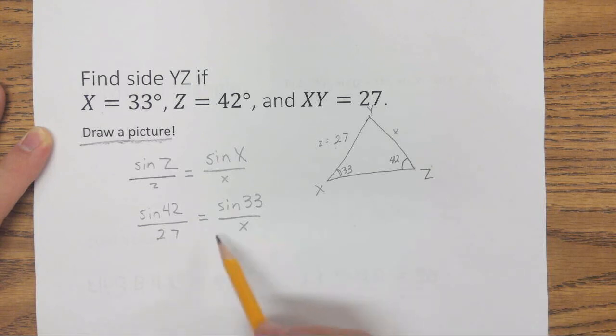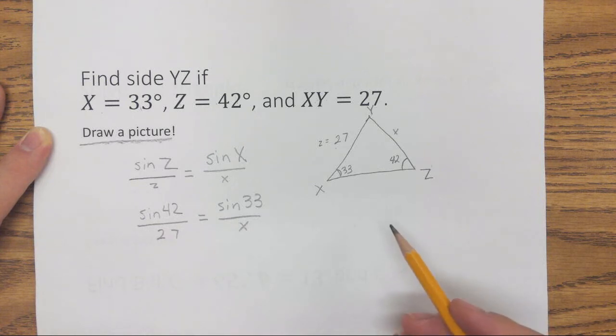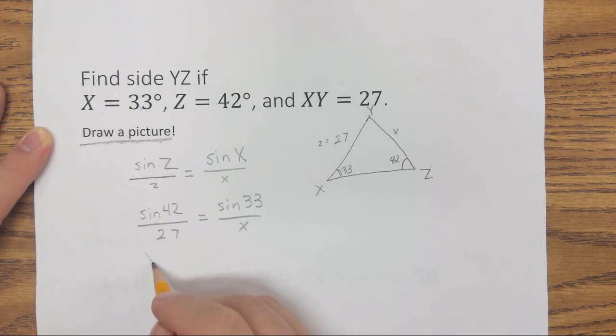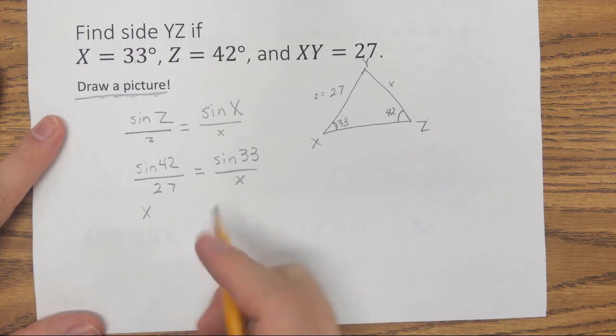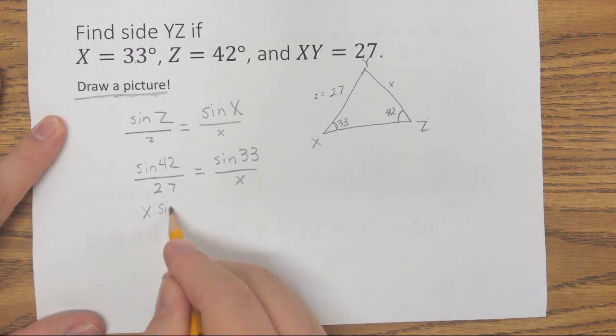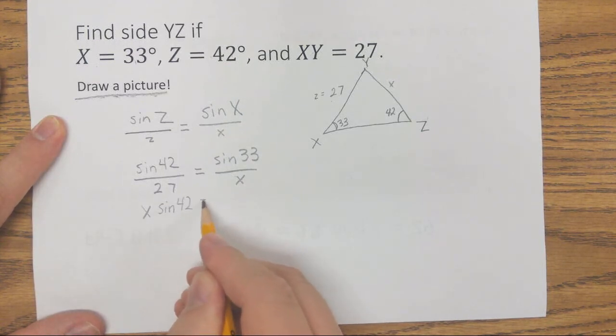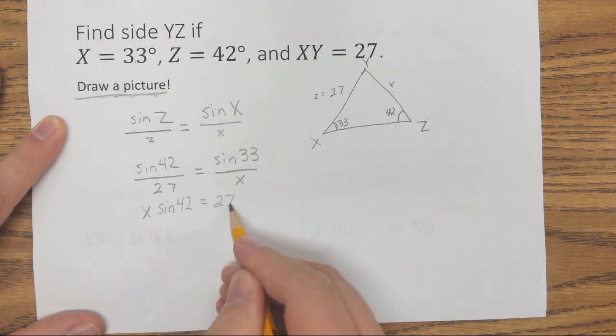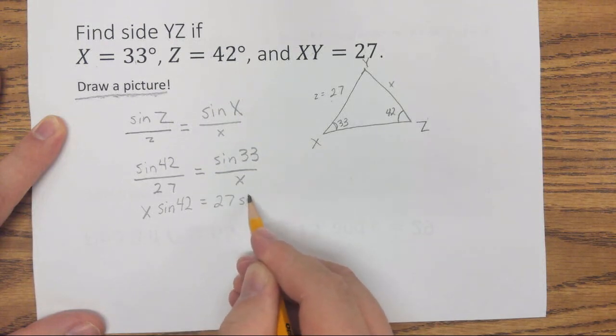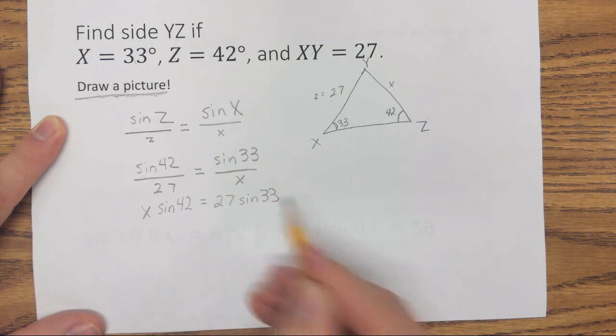Okay. I'm going to multiply both sides by X. Multiply both sides by 27, and we end up with X sine of 42 is equal to 27 sine of 33.